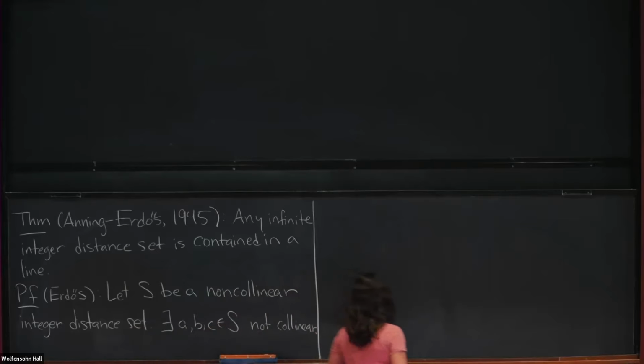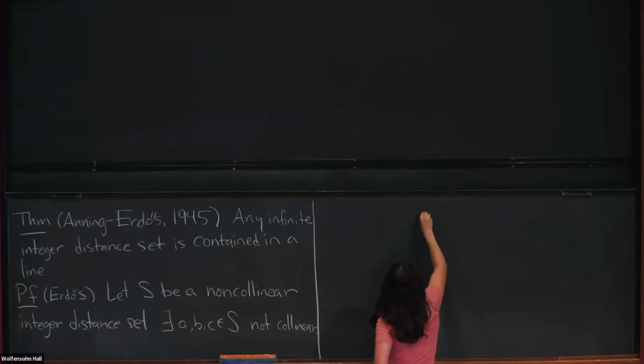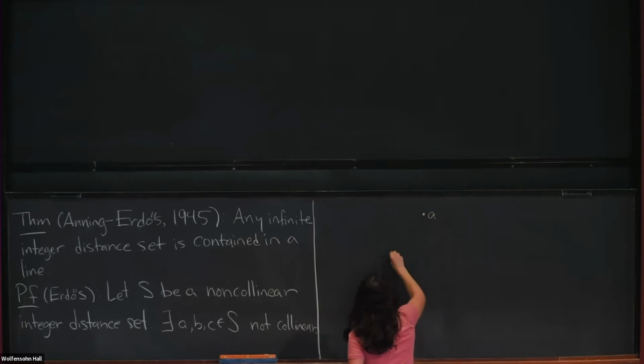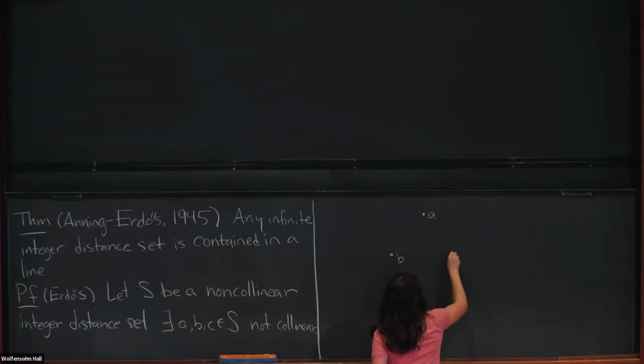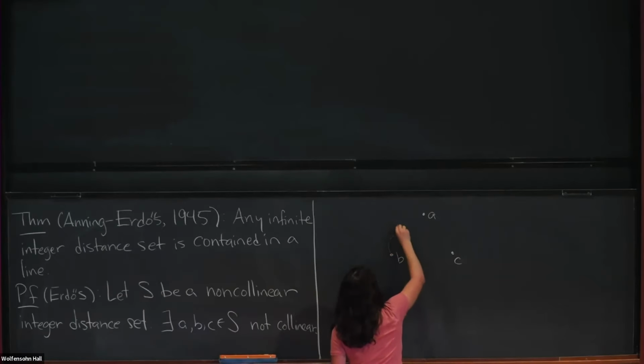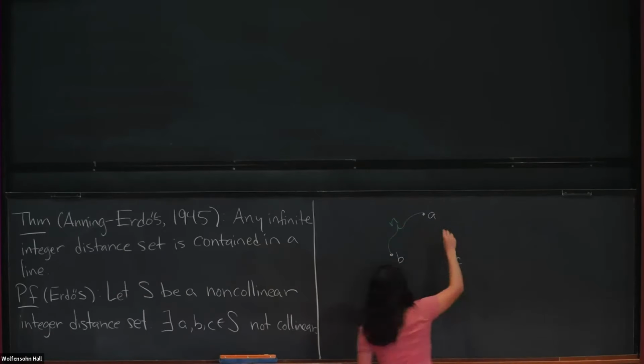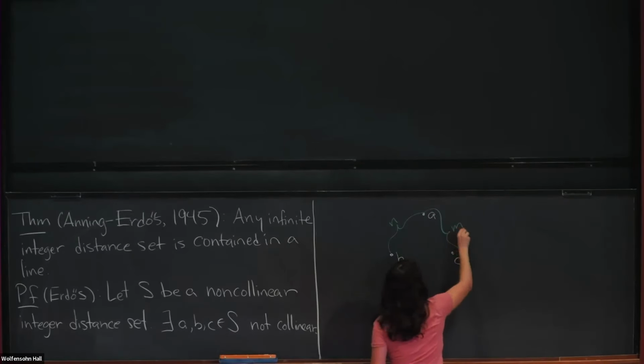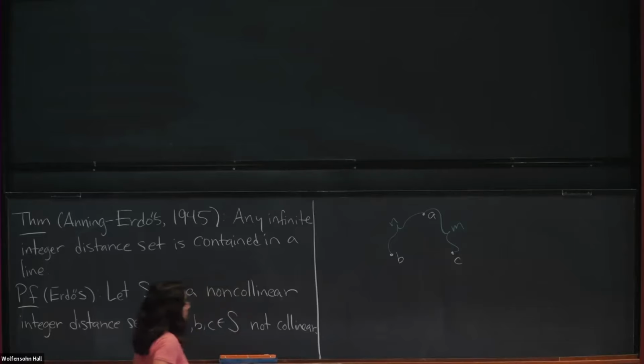I'll draw them. These will be the points A, B, and C. The distance between A and B we'll call n, so n will be some integer. And the distance between A and C we'll call m, also an integer.